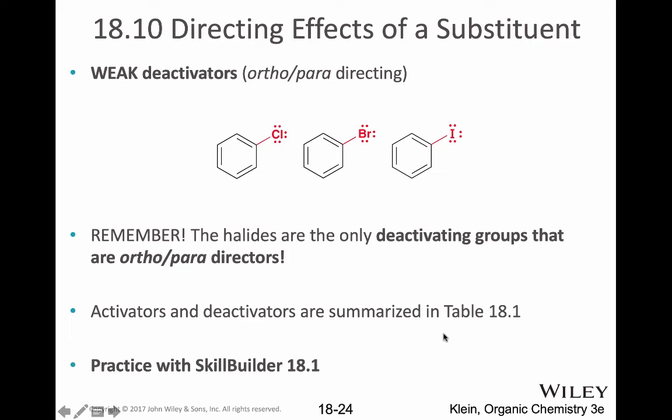There's a table in your book, table 18.1, that summarizes all of this. Basically, oxygen attached to the aromatic ring, alkyl groups, and nitrogen attached to the aromatic ring are all activators. If something's an activator, it's also an ortho para director.